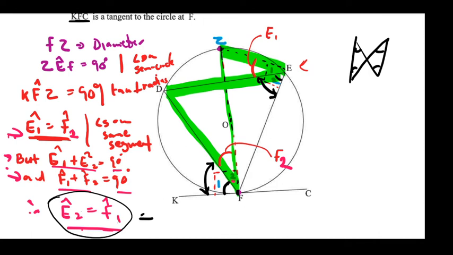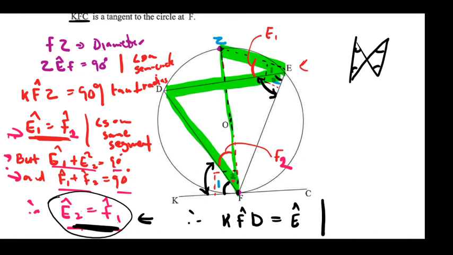So once you've written this, you can conclude and say angle KFD is equal to angle E. You can conclude that because this applies here. So you're basically done with this theorem.